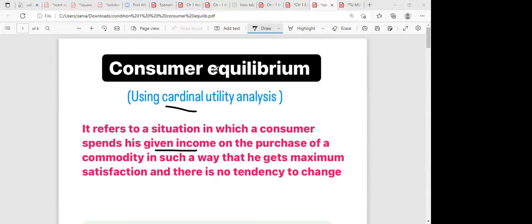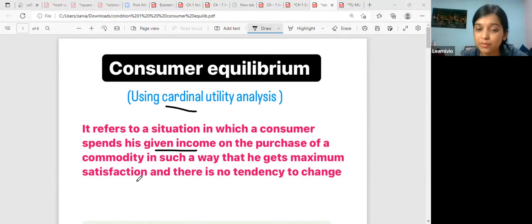Because if you have your money, then only you can purchase things, right? So his given income on the purchase of commodity, of course, you will be getting goods in such a way that he gets maximum satisfaction. So the main motive is to get maximum satisfaction and there is no tendency to change.